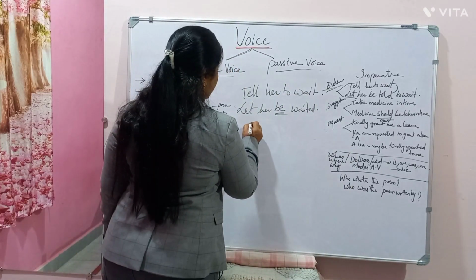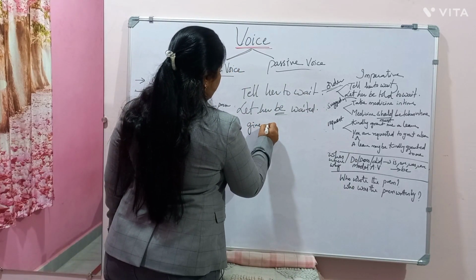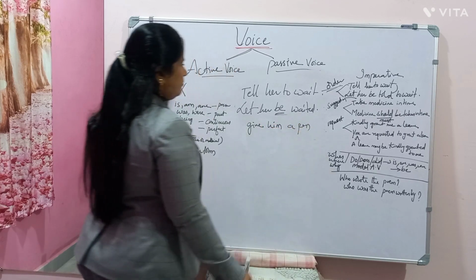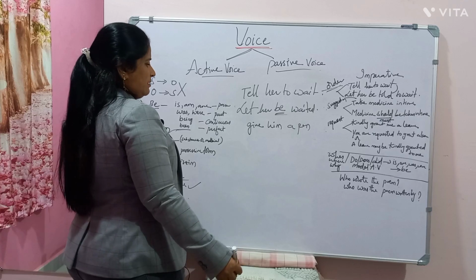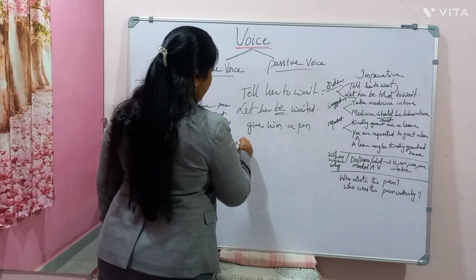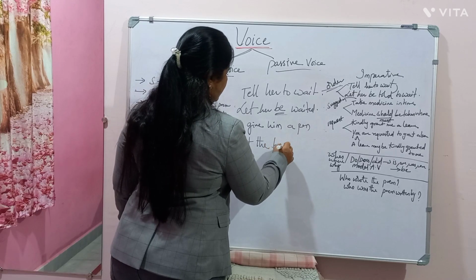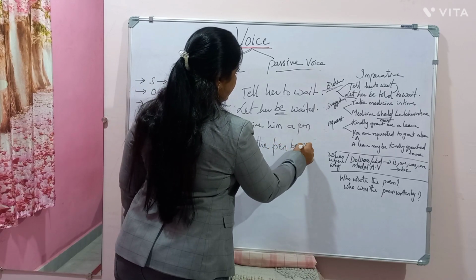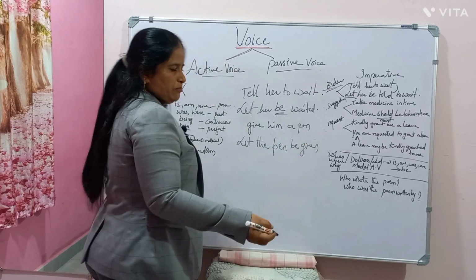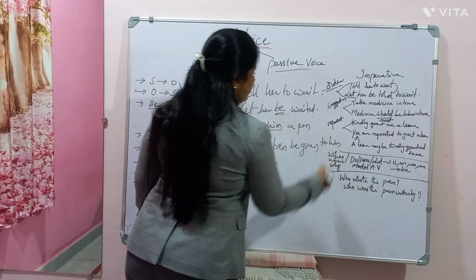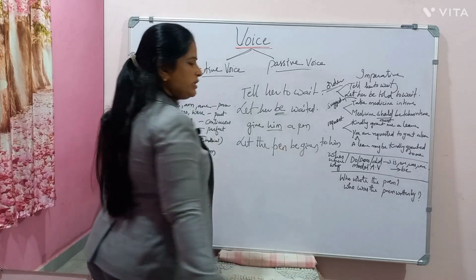Now, give him a pen. Let the pen be given to him. Here "to him" is the extra object which we have. Let the pen be given to him.